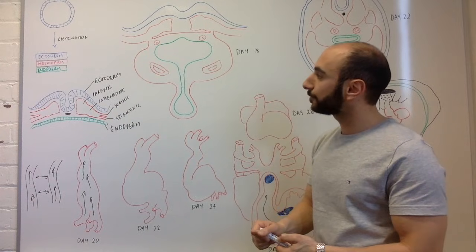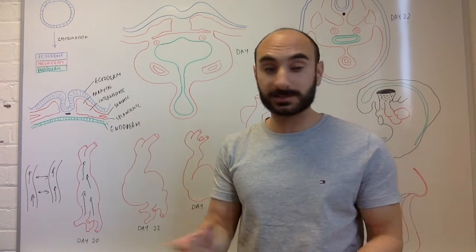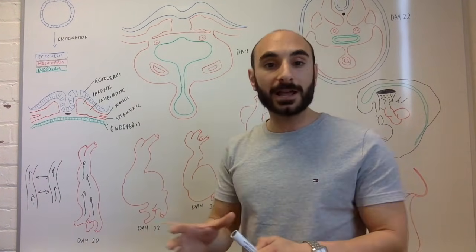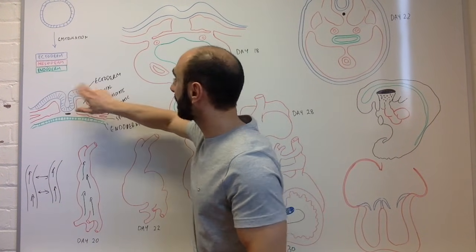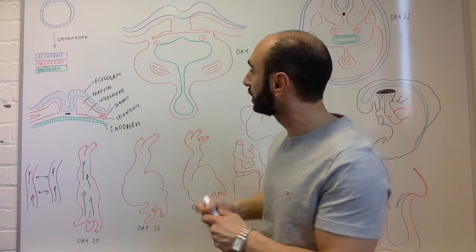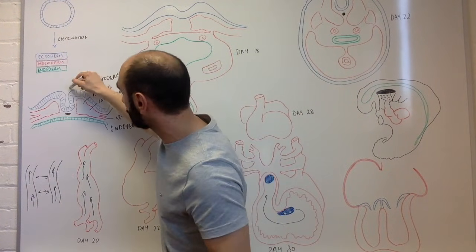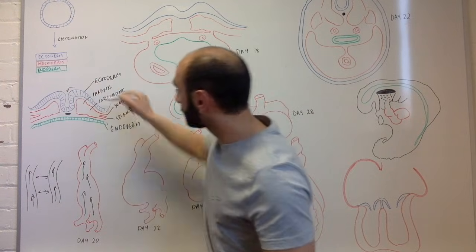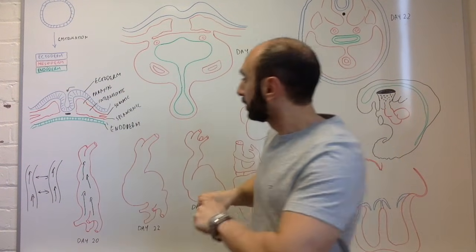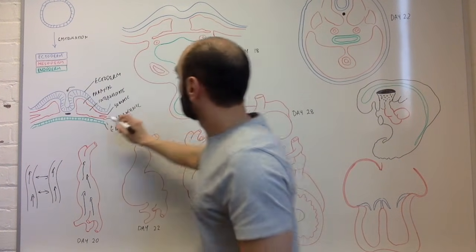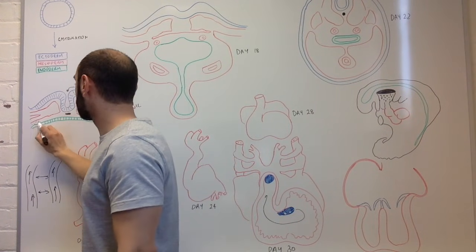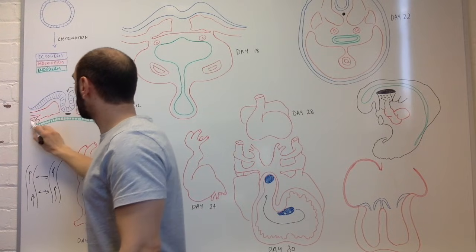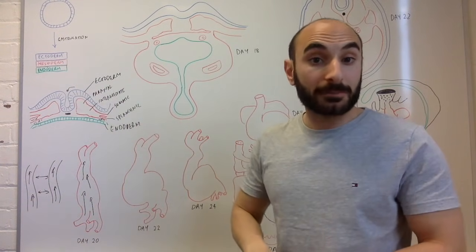So the progenitor heart cells actually migrate from the ectoderm, and they migrate down the primitive streak into the splanchnic mesoderm. As they are migrating, they'll live where the splanchnic mesoderm is. And this section now will be called the primary heart field.